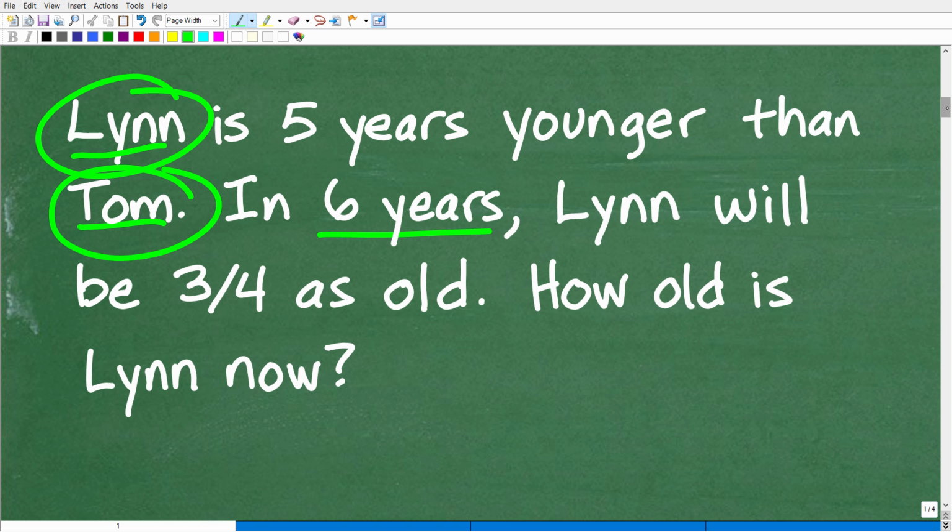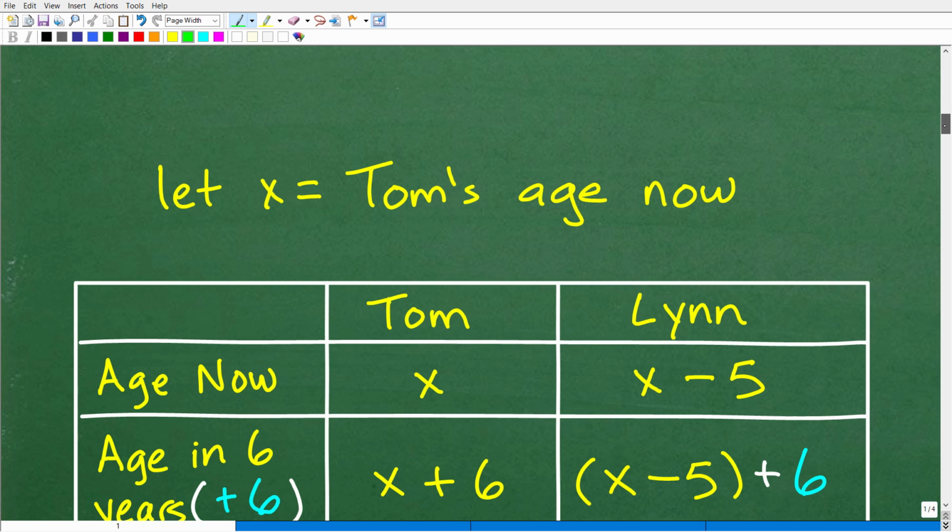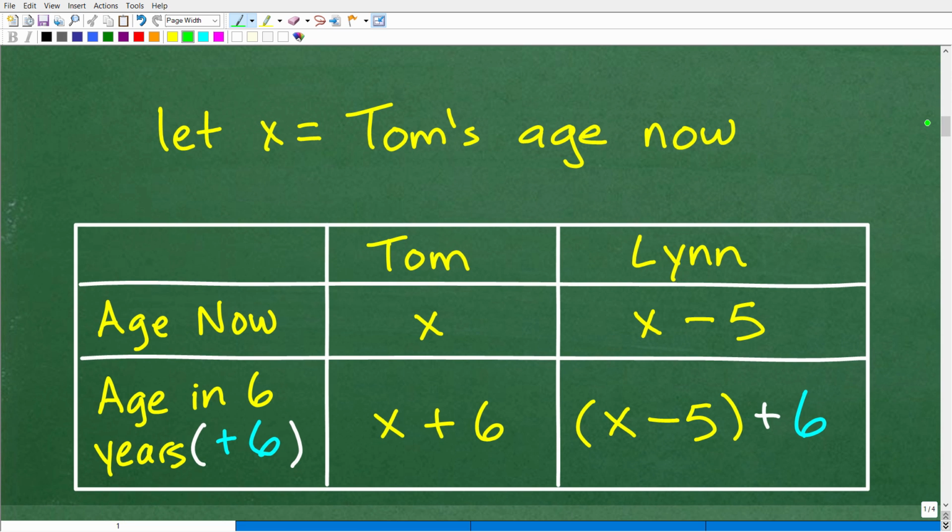So let's go ahead and see how we can do that in this problem. We need a variable, and I'll use the variable x to represent someone's age. It could be Tom's age now, or Lynn's age now, or Tom's age 6 years in the future, or Lynn's age 6 years in the future.